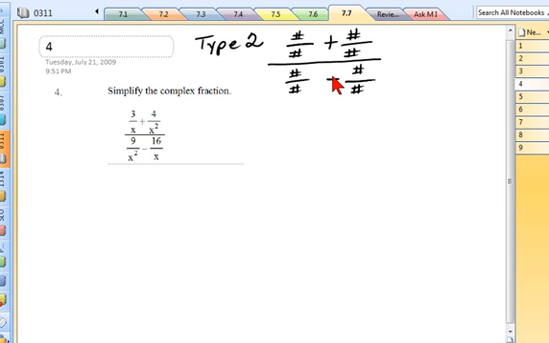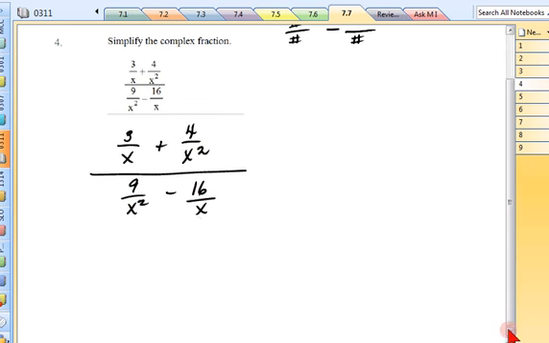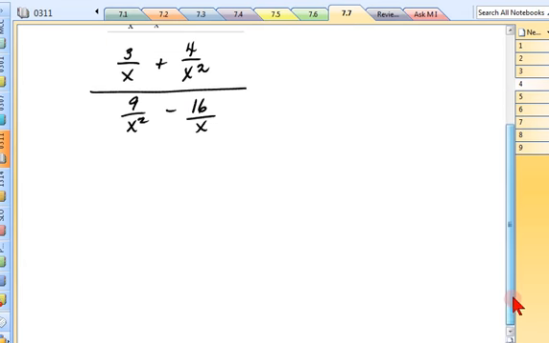Okay, so let me recopy this for the class. I have 3 over x plus 4 over x squared all over 9 over x squared minus 16 over x. Can you see it as a more complicated expression than my type 1 problems?